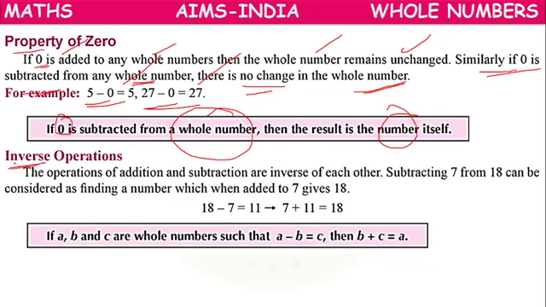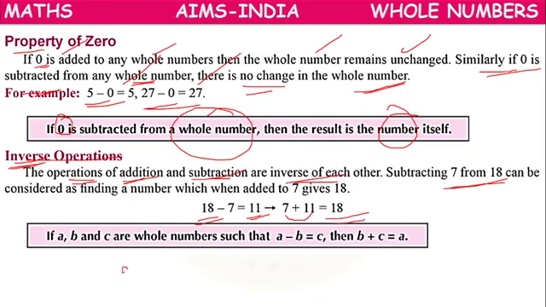Okay. Next, inverse operations. Already we have told that the operations of addition and subtraction are inverse to each other. Subtracting 7 from 18 is the same as adding 11 to 7. Both will give the same answer.